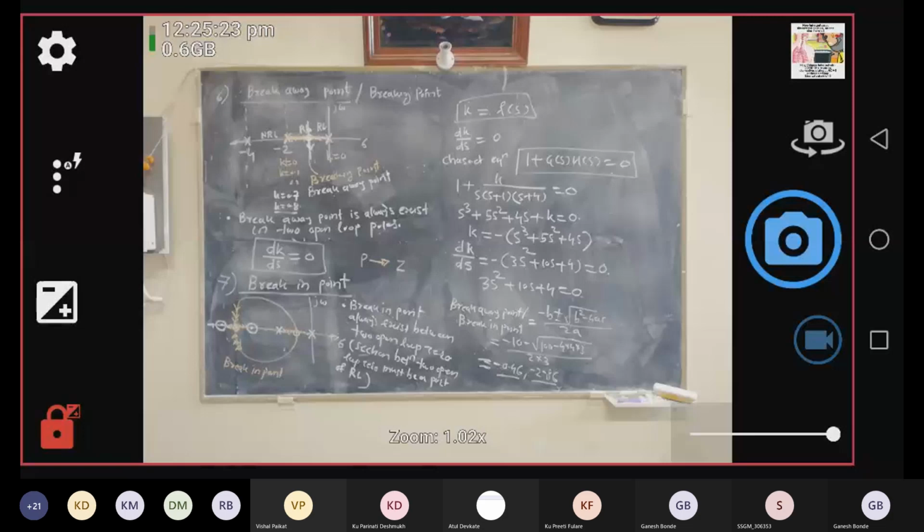Then how to determine it? What are the formulas? Let's note down, making a subsection in this. First we can determine the angle of departure at a complex pole.